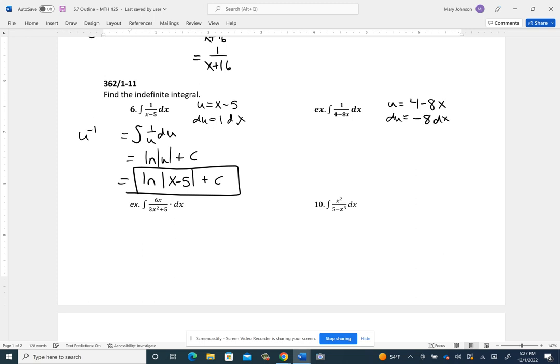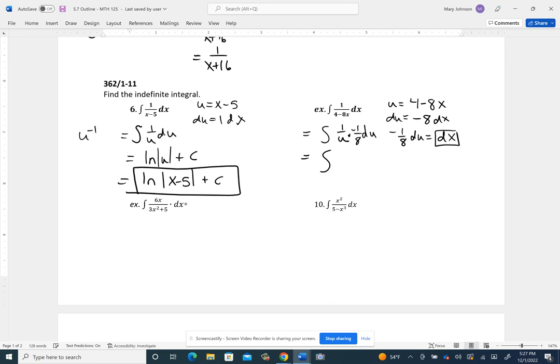And so here what we're going to wind up doing is taking the original problem and looking at it as 1 over u, and then we need to replace the dx. So I'm going to do like I did back in 5.5 and adjust so that I can replace the dx with negative 1/8 du.